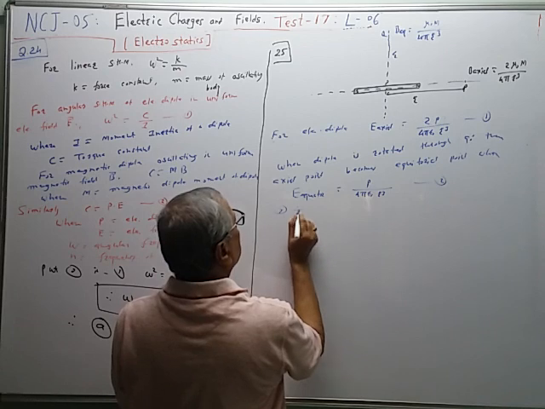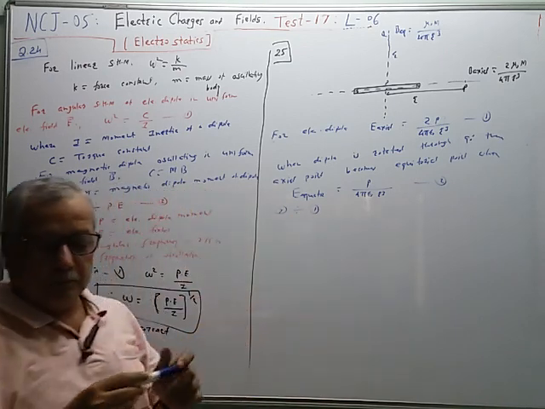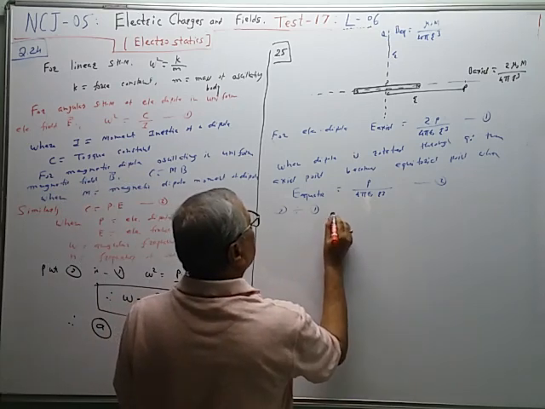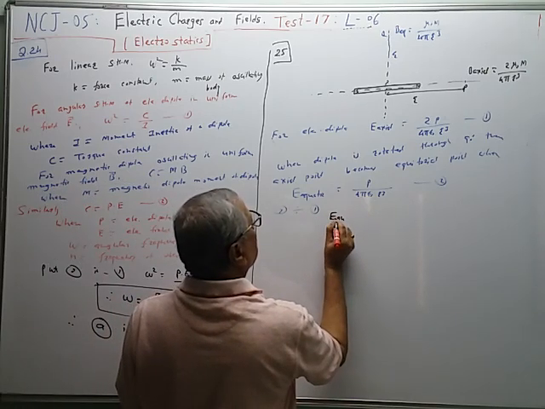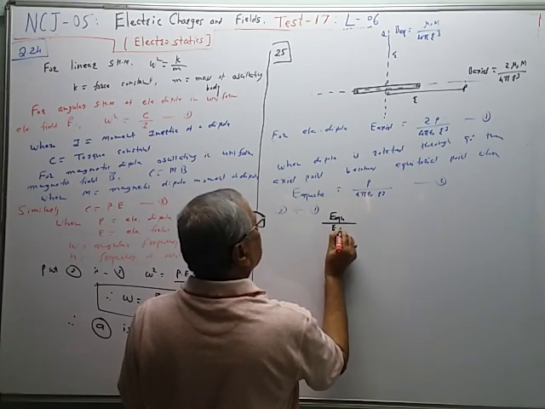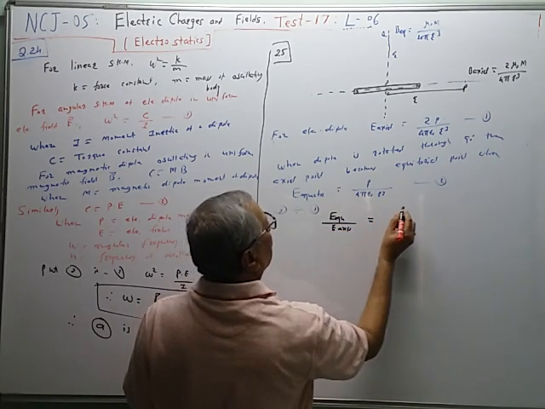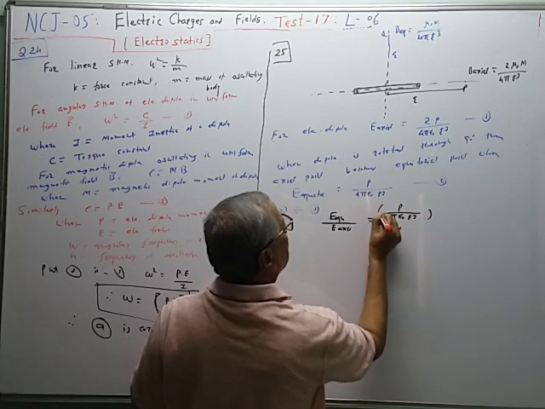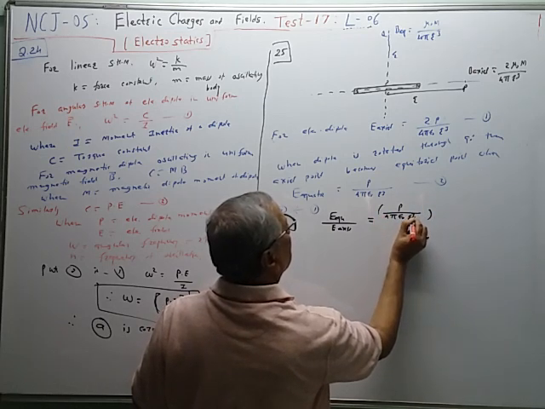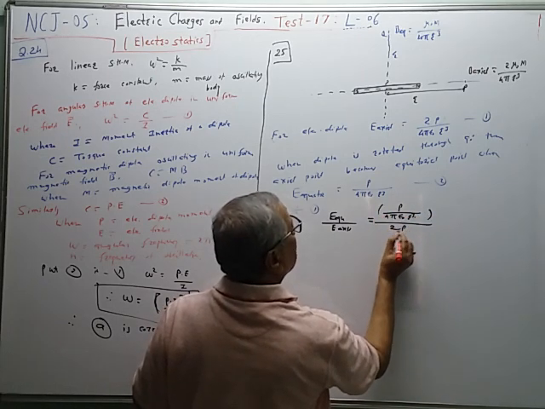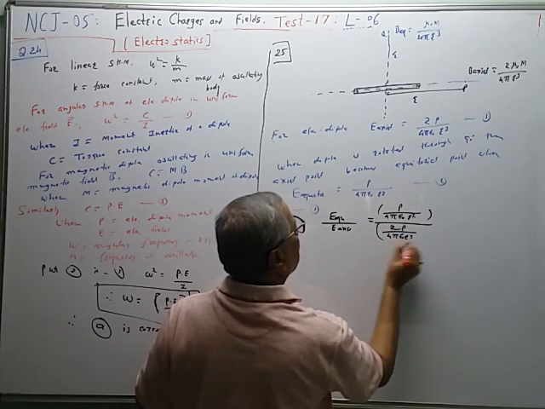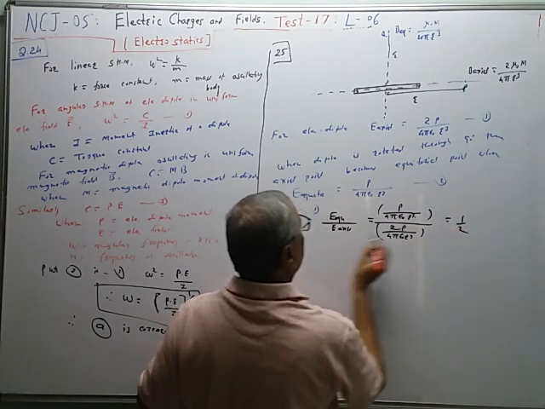So 2 by 1 gives E equator upon E axis is equal to P upon 4 pi epsilon naught r cube divided by 2 times P upon 4 pi epsilon naught r cube. So this is equal to 1 half.